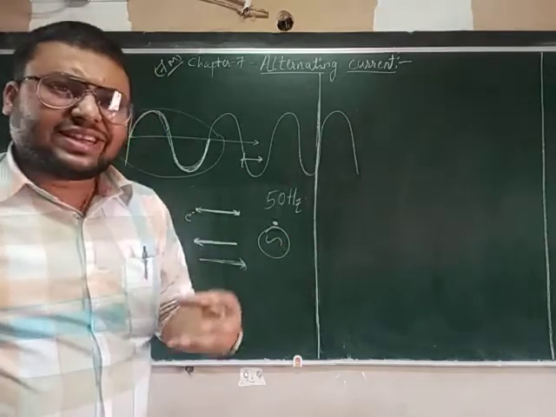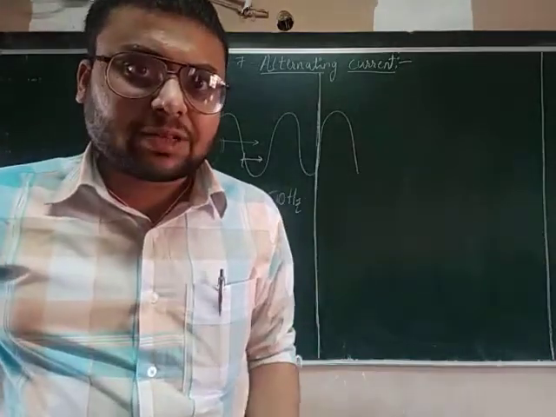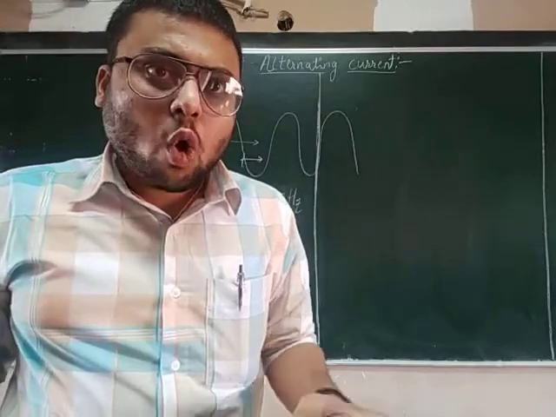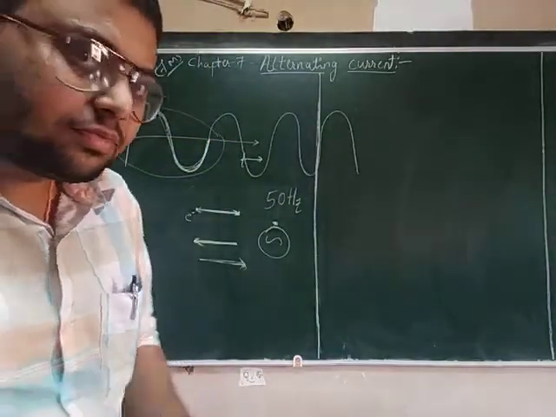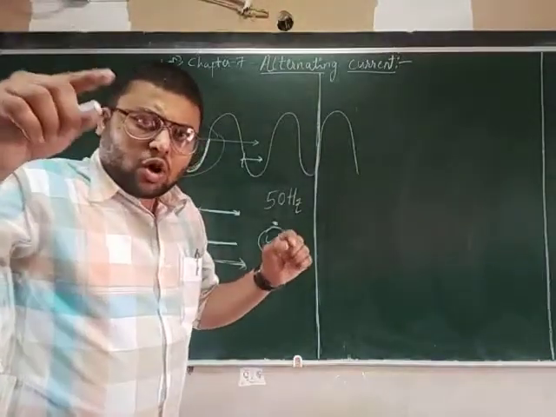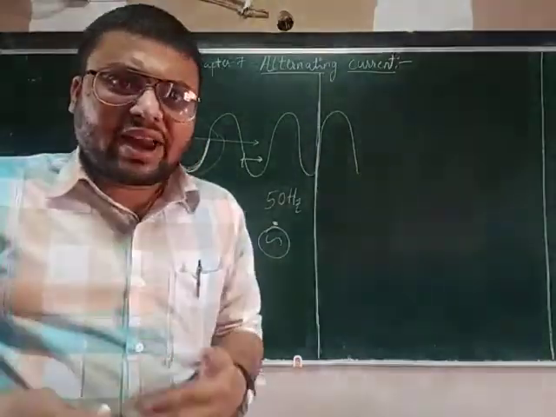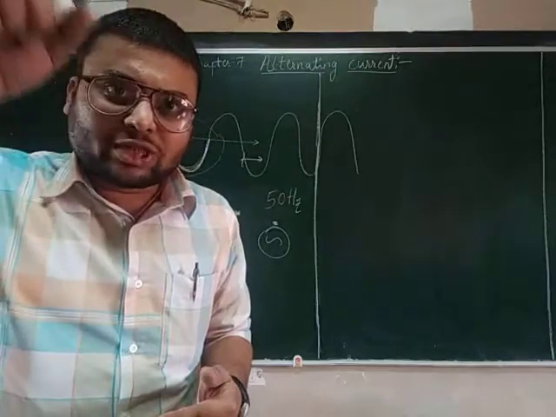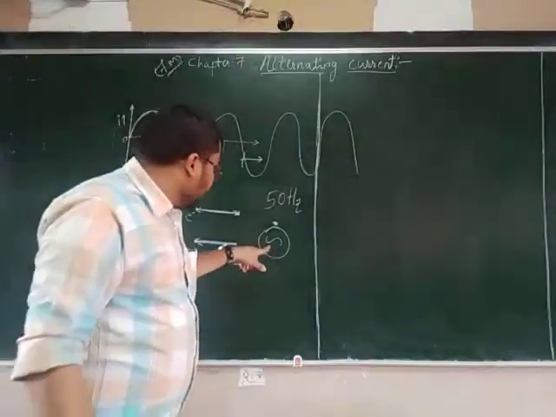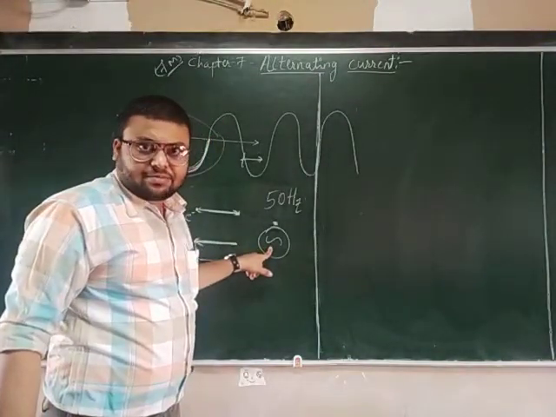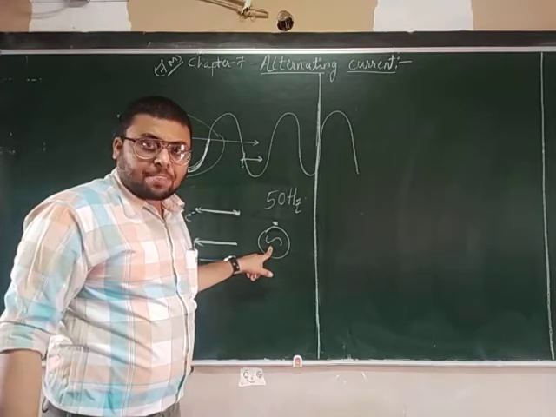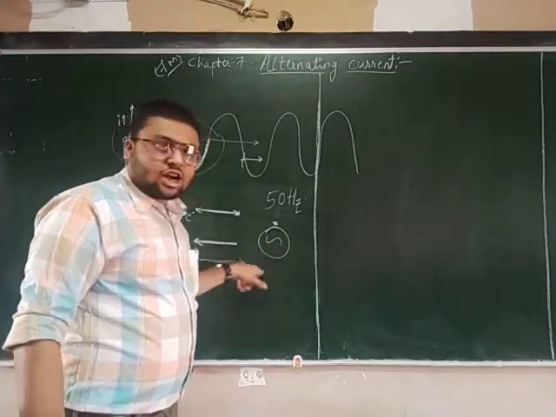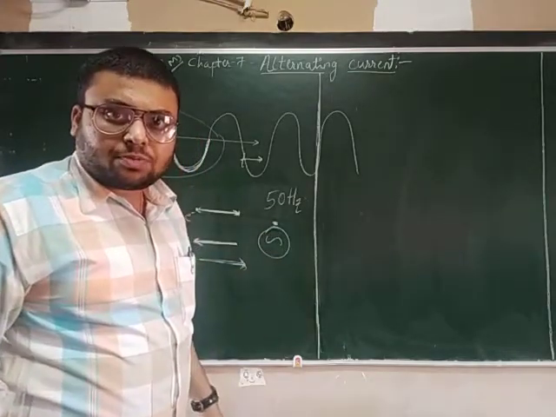Ammeter is a device used to measure current. Voltmeter is a device used to measure voltage. If you are going to measure or deal with any alternating current, then you have to choose a device on which this notation has been indicated. This is the indication of an alternating source.